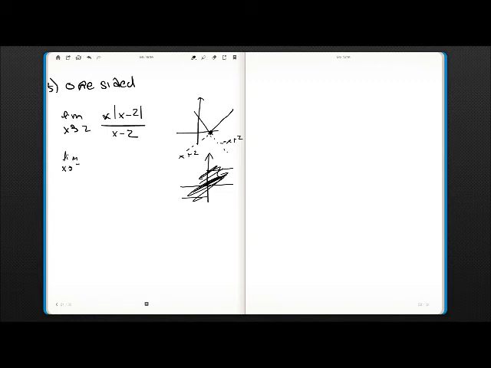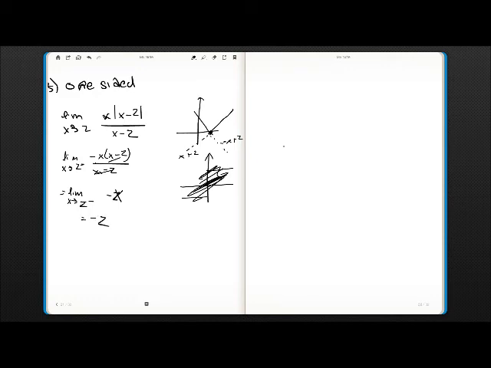As x approaches 2 from the left, it's minus x minus 2 over x minus 2. And this way we can cancel the denominator and numerator. Now we can solve for the limit as x approaches from the minus side. It's minus, direct substitution, and that will give us minus 1.